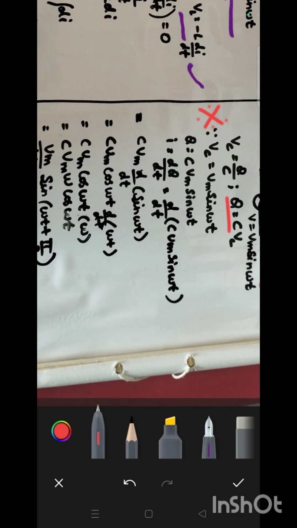Now we saw in the first, AC applied across the resistor, it is just substitution, and AC voltage applied across the inductor, it is integration. Here AC voltage applied across a capacitor, it is differentiation. So C Vm d by dt of sin omega t.